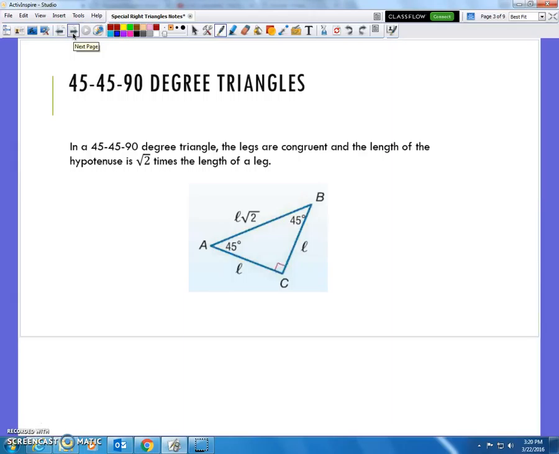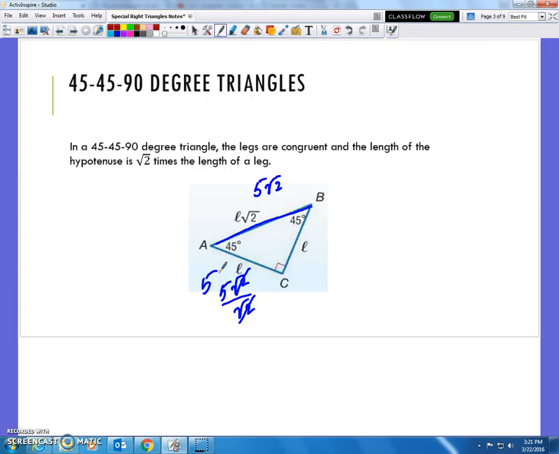As you can see here, I've got a little diagram that says if I have the length of a leg, let's just say this was 4, then I would know that the hypotenuse is automatically 4 root 2. If I had instead the hypotenuse's length as 5 root 2, I would know that this leg would be 5 root 2 divided by root 2, or just 5. Okay, there's a relationship here.